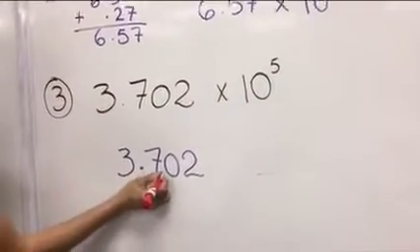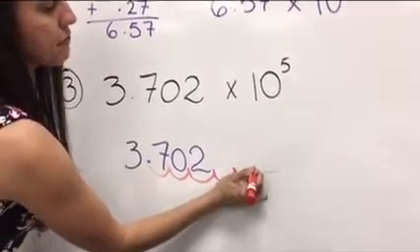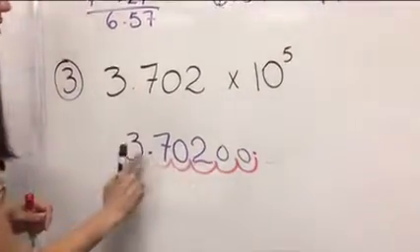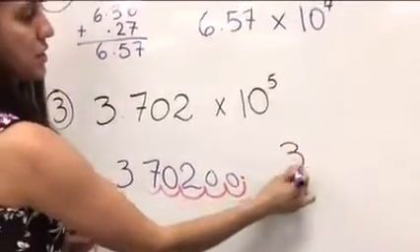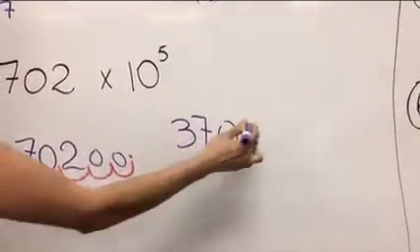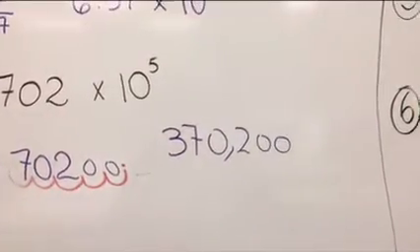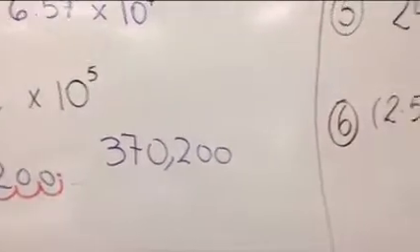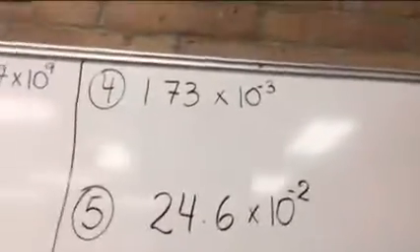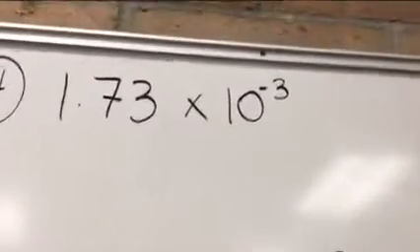So I'm going to move 1, 2, 3, 4, and 5. And I go ahead and add zeros here. So my final answer is 370,200.